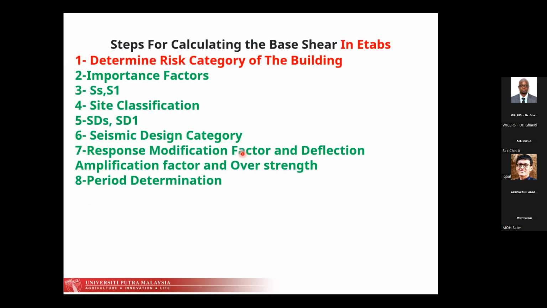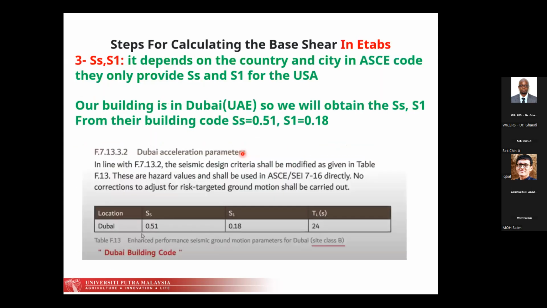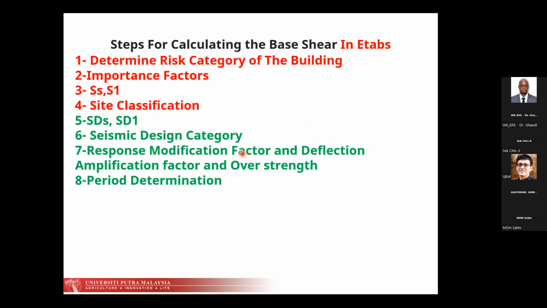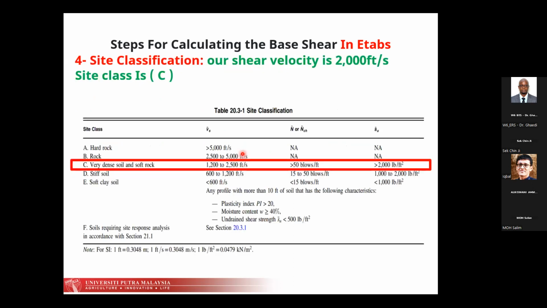Okay, shall I continue? Yes, please. So we have SS and S1 given from the Dubai code, and we will use them in this example. As we said, we go to site classification.